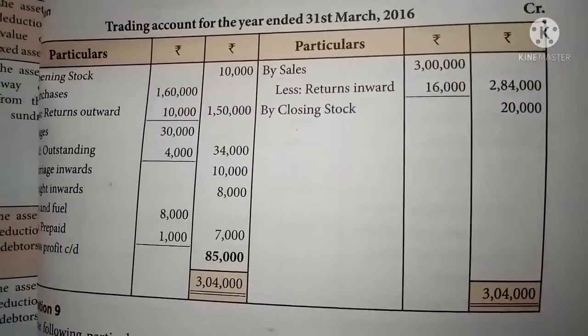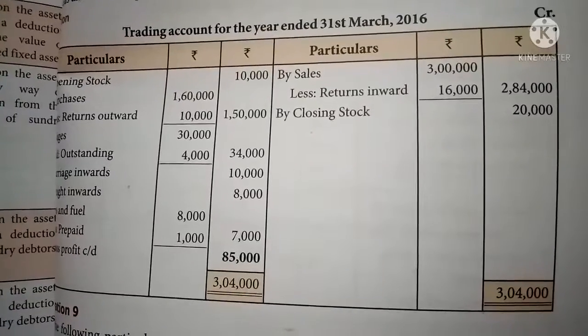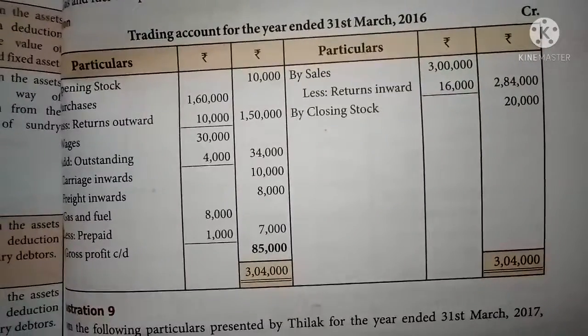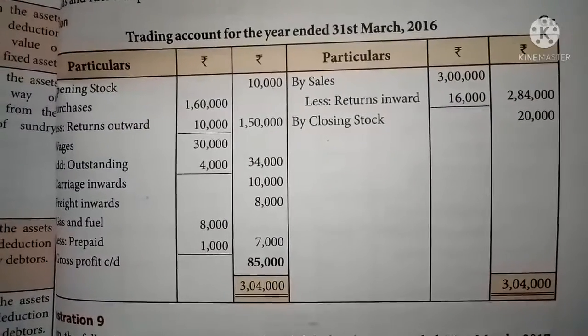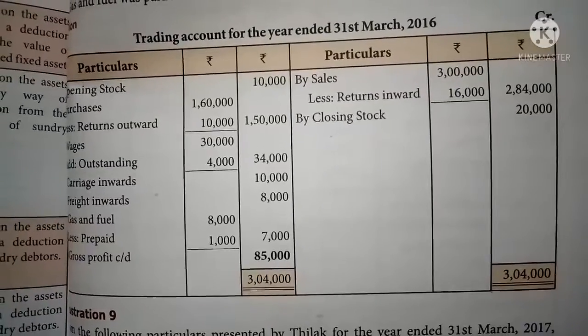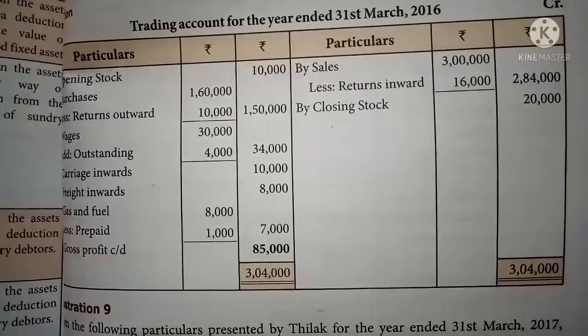after making the necessary adjustments on the debit side and credit side of the trading account, now you should balance this account. While balancing the ledger, first add the debit amounts separately, roughly, and add the credit amounts separately, roughly.